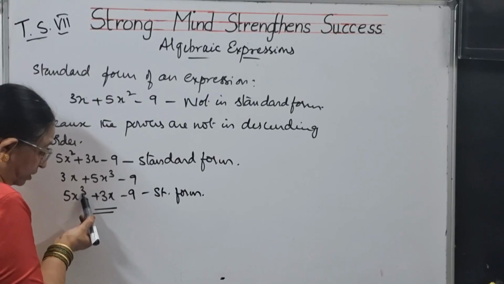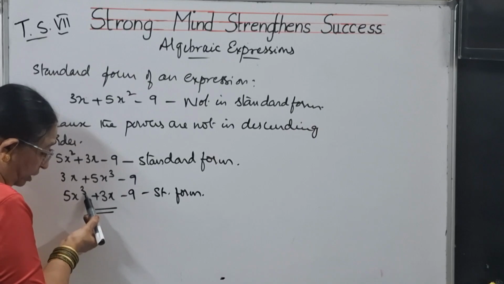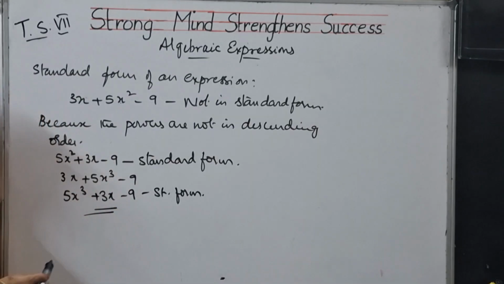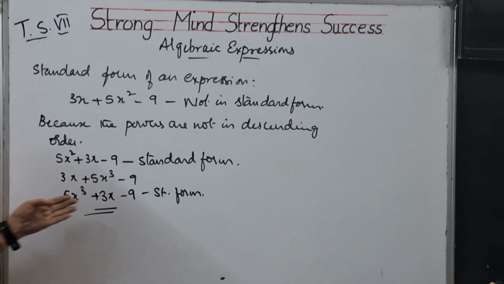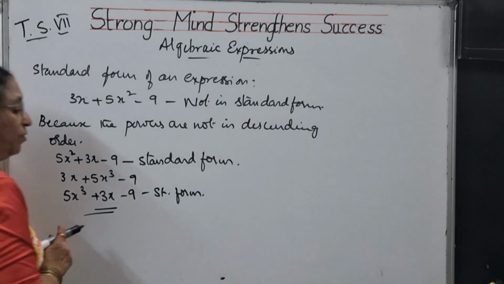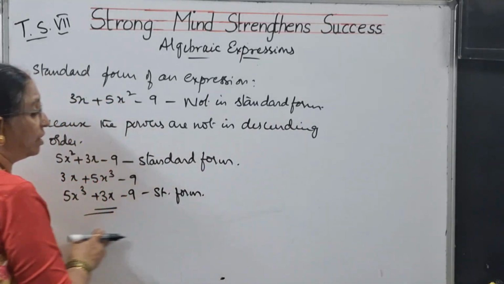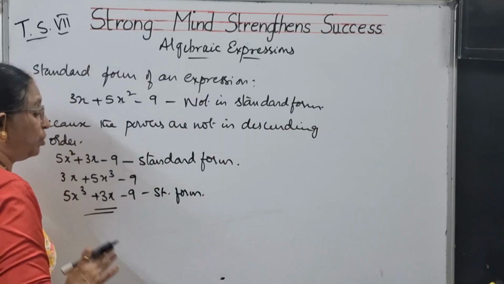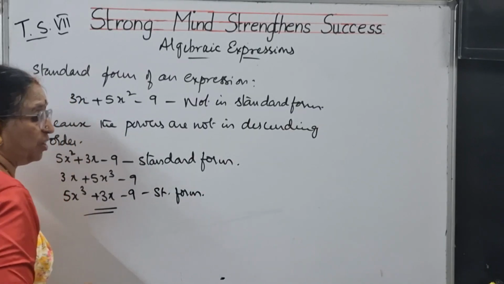So you should have a thorough idea that what is the highest power, that should be written first. Next, before 3, 2 should come. It is not given in your problem, so you need not bother. You have to take the next one. If that is there, you write. If that is not there, you have to search for the next one. So whatever lengthy expression is given to you, the basic thing that you need to do is see the degree of the expression.